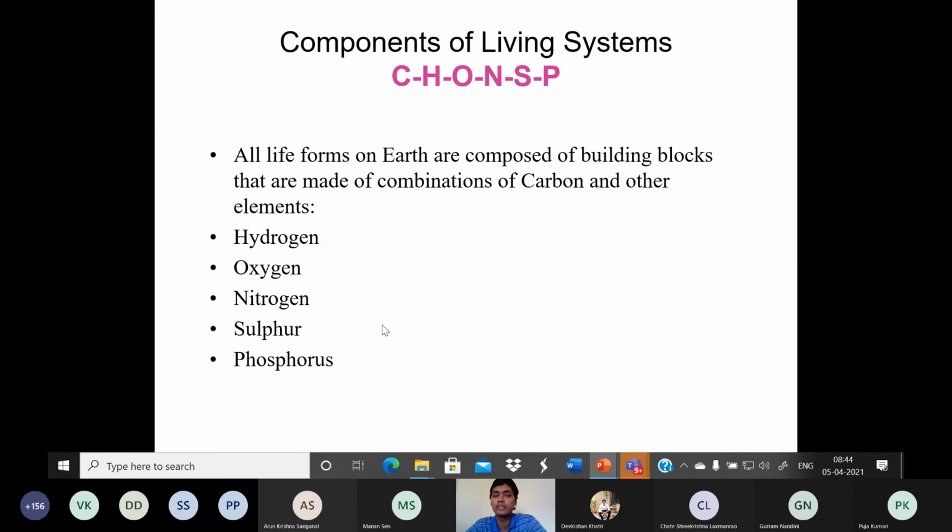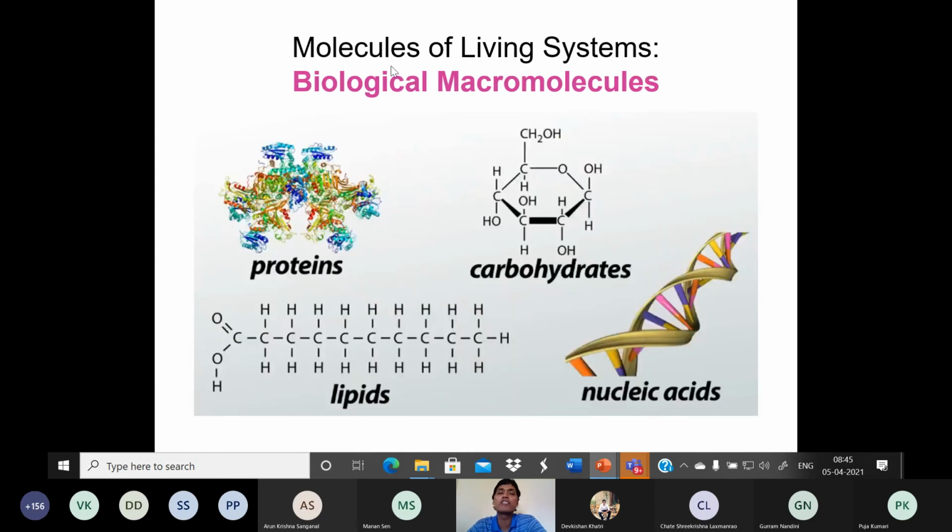For example, protein has many of these elements; apart from phosphorus, in protein you have all the other things here. All these elements are very important, and they finally make macromolecules, which can be proteins, carbohydrates, lipids, or nucleic acids, right? Those are the important things.